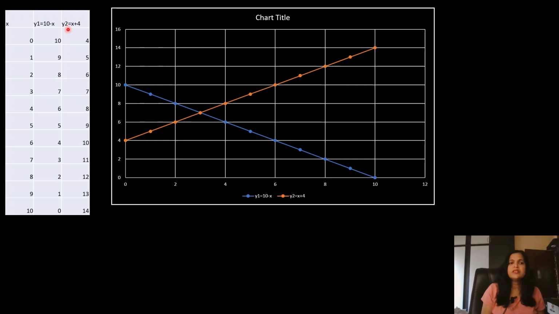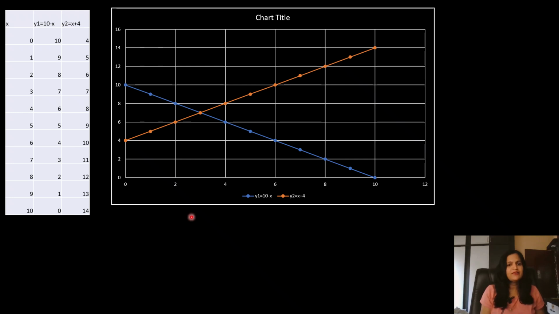For the second equation, y2 is equal to x plus 4: 0 plus 4 is 4, 1 plus 4 is 5, 2 plus 4 is 6, 3 plus 4 is 7, 4 plus 4 is 8. Like this up to the 10th value we have to find out.